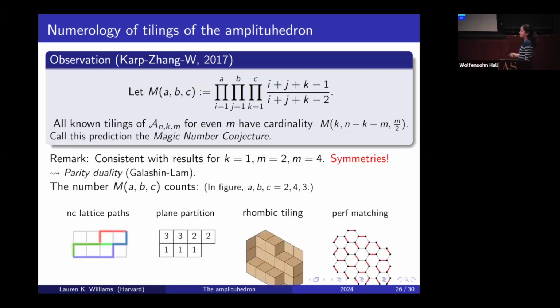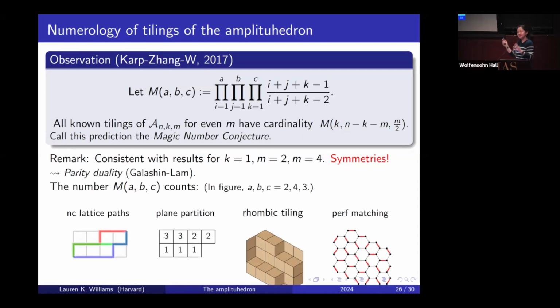So the symmetries would be generated by two. And I think it's a fluke. I think it's an accident, this numerological coincidence.